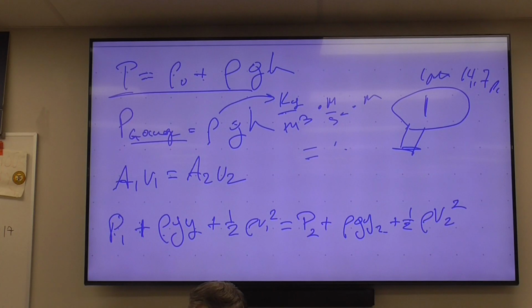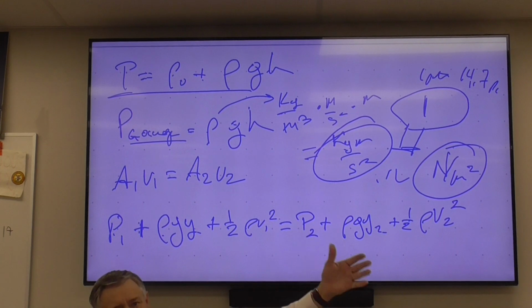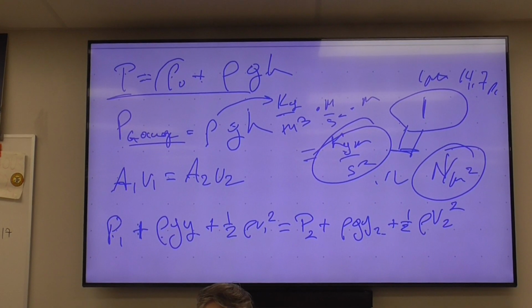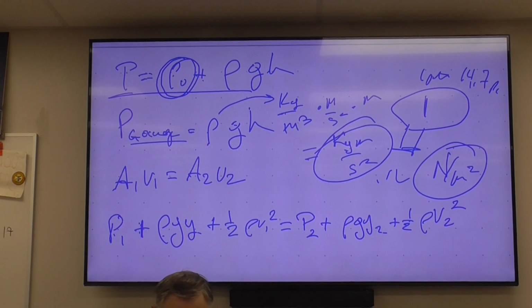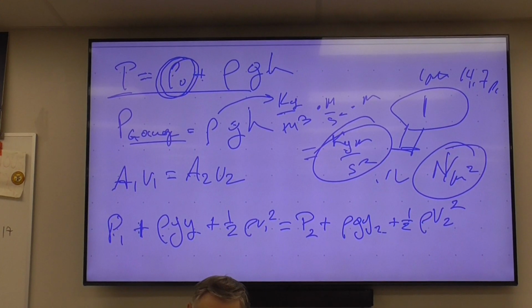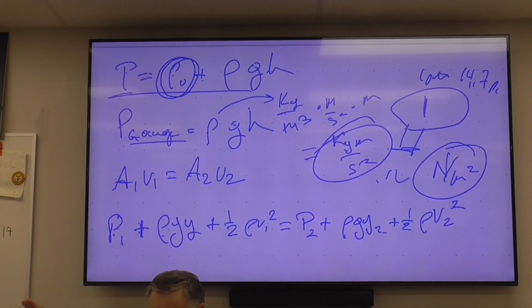You end up with kilograms meters per second squared, otherwise known as Newtons, and then per meter squared, which is Newtons per meter squared, which is pressure. With this P naught, this is the difference between the two equations. P would be, you start at zero and add in the atmospheric pressure. Gauge pressure already has that taken into account.